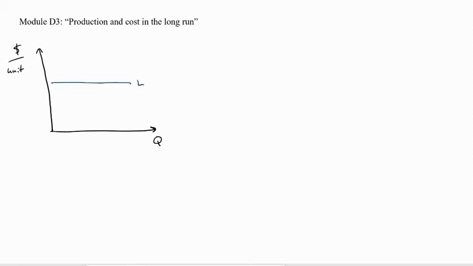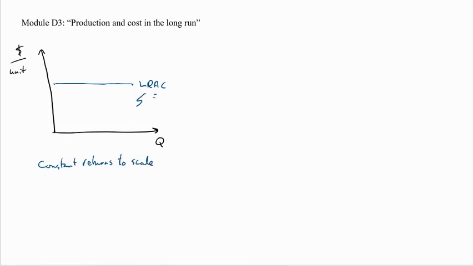If it happens to be constant, if it does not change at different levels of output for the average cost, then we would say that this has constant returns to scale. And that's when we look at a constant long-run average cost.